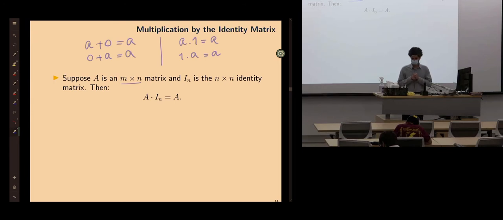If I is an n by n identity matrix, because A is m by n, I can multiply the identity matrix from the right side of A, and the result will be A. So it leaves A identical to what it was. So that's the role of an identity element, which is very useful later when we want to define the inverse. We need that.